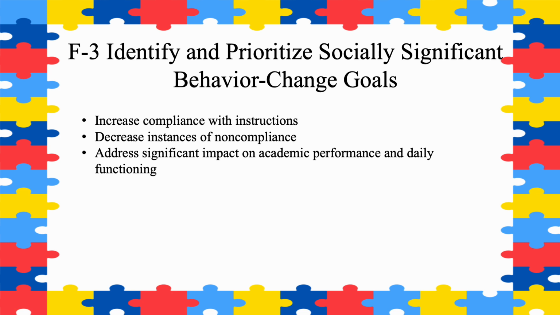So, based on the FBA results, the identified goals were that we wanted to increase her compliance with instructions while also decreasing her instances of noncompliance. These goals were determined as being socially significant due to it being identified that her noncompliance was having a significant impact on her academic performance and daily functioning.